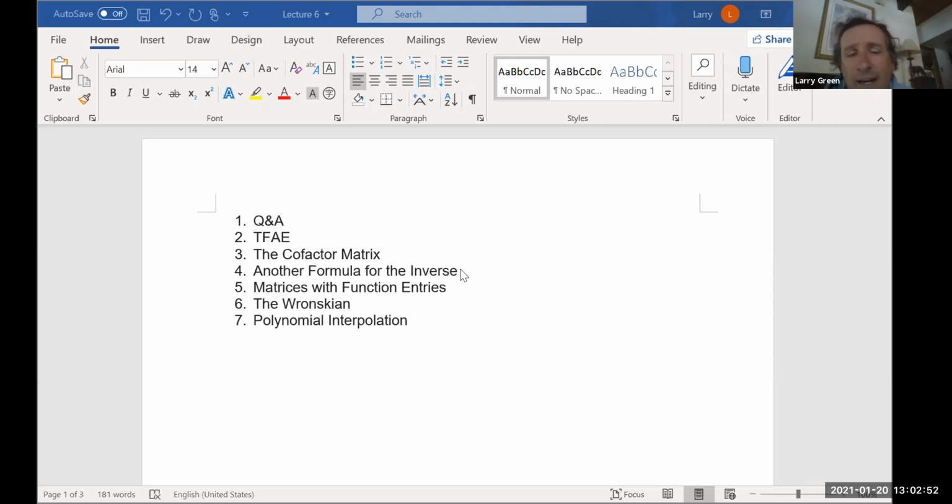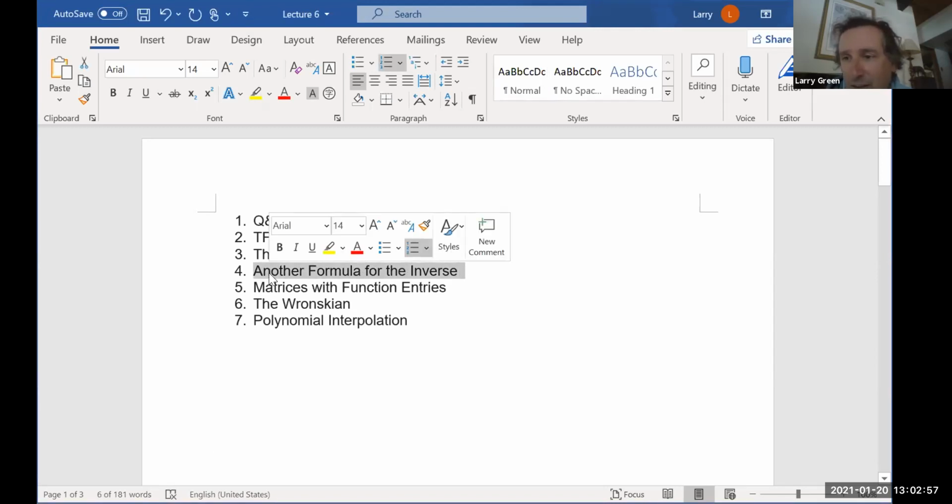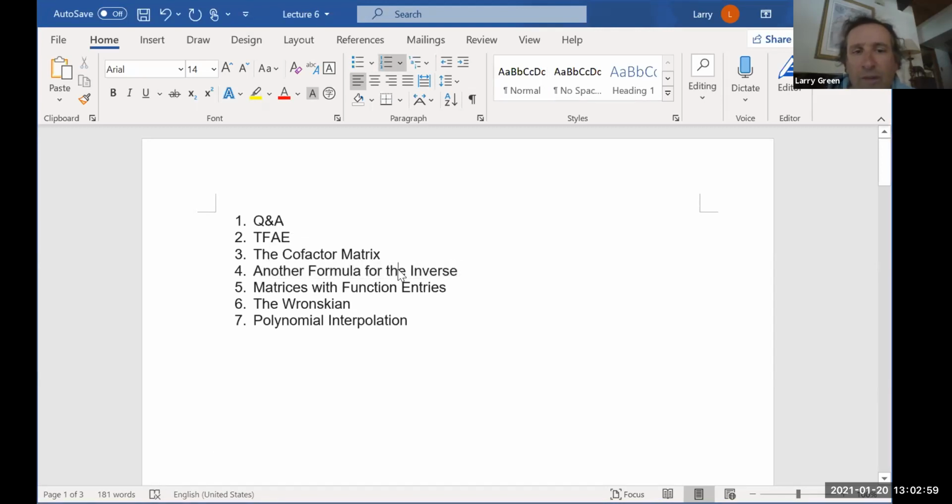And then we're going to talk about another way of finding the inverse of a matrix. So we've already learned one way of finding the inverse of a matrix, which was to basically adjoin the matrix with the identity, RREF, and the right-hand side is the inverse.